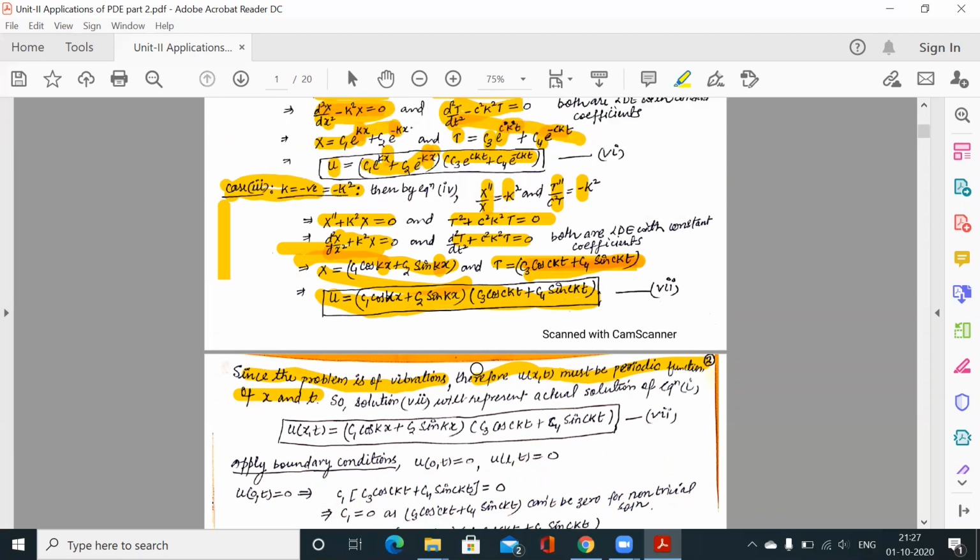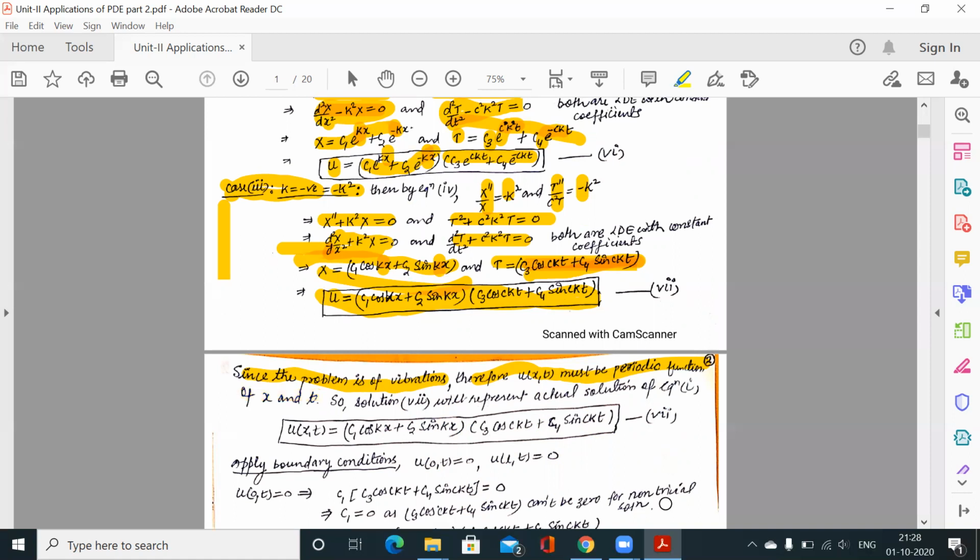Out of these three solutions, we have to select the one which suits the physical nature of the problem, which is periodic, because vibrations are always in periods. They are periodic functions like sine and cos, up down up down.